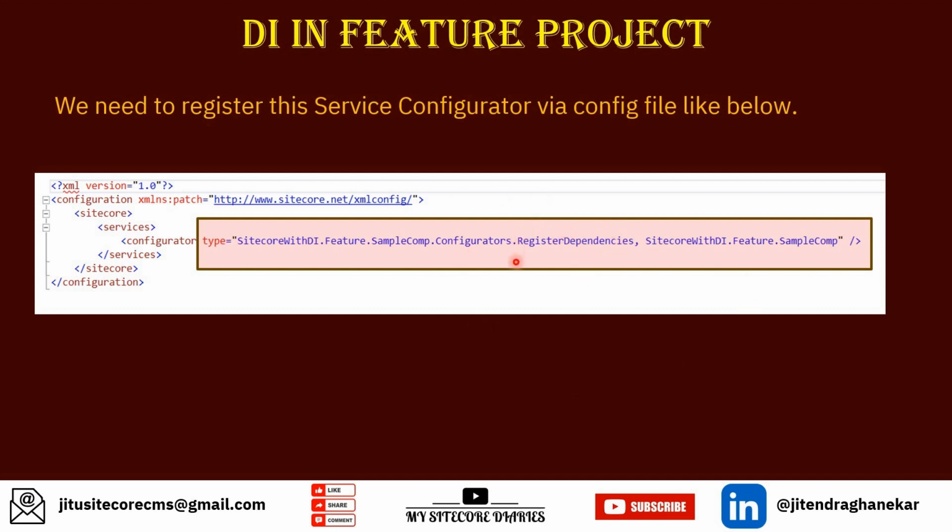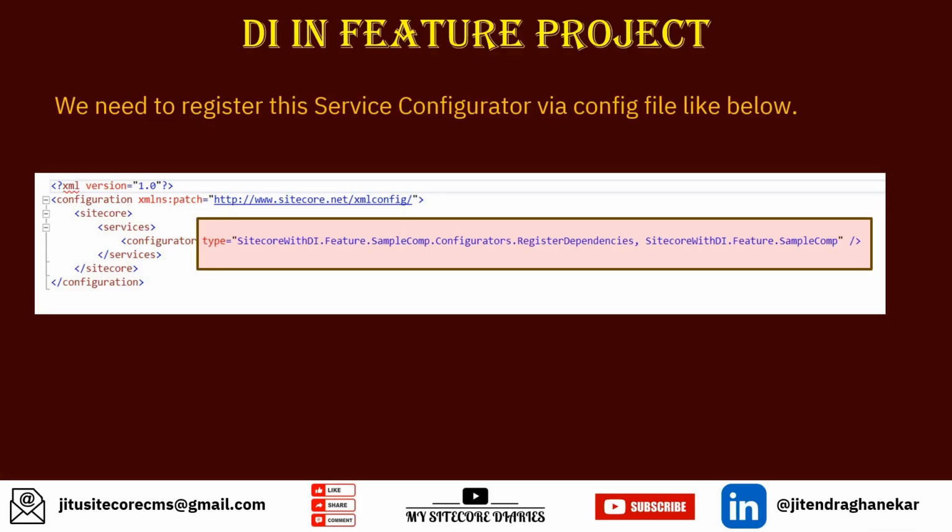We have created RegisterDependencies as our register class. Then which DLL it is from, that is from our Feature.SampleComp. So this is how you will define your patch. These are the two things which you have to do for registering your DI.